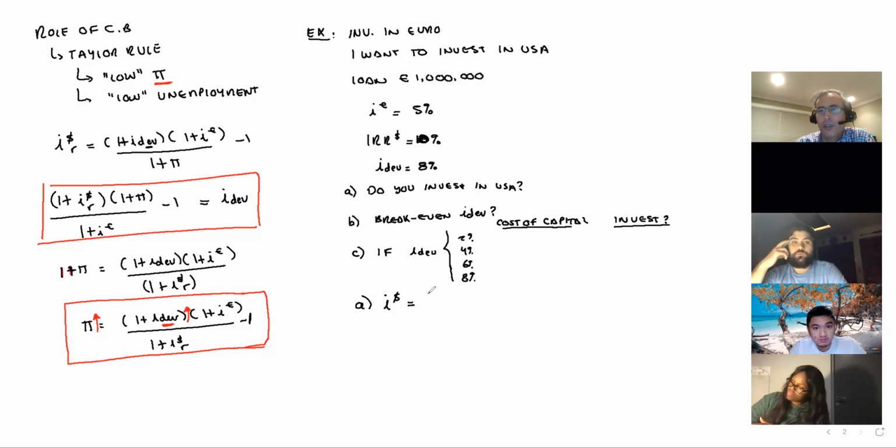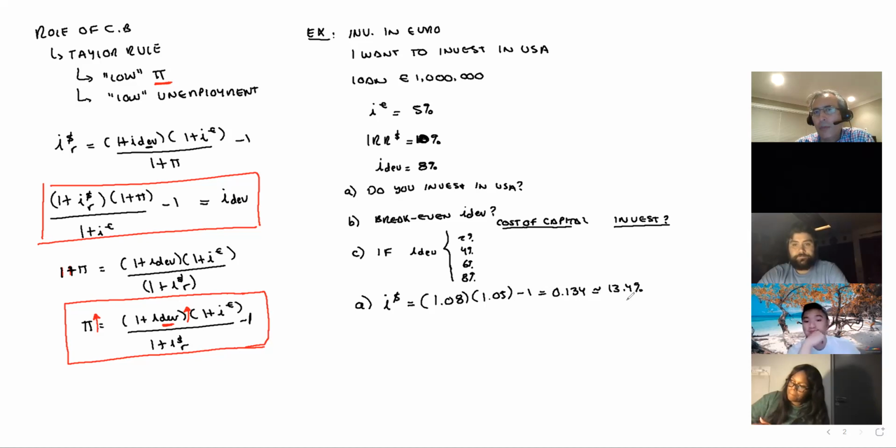This is going to be 1.08 that multiplies 1.05 minus 1, correct? So this is equal to 0.134. So basically 13.4%, right?